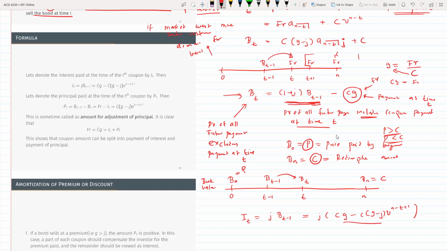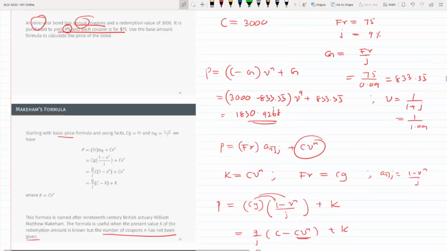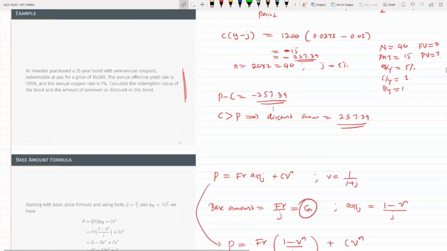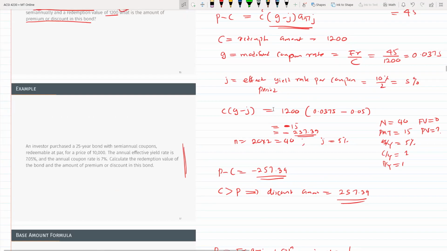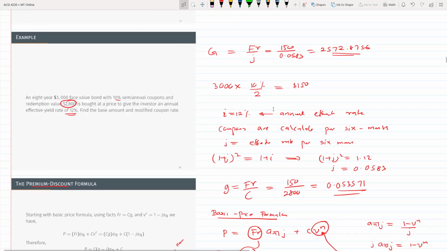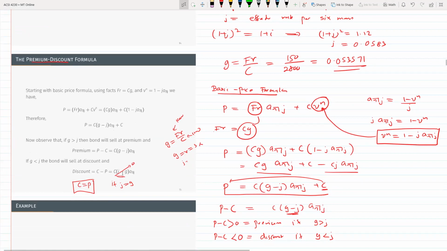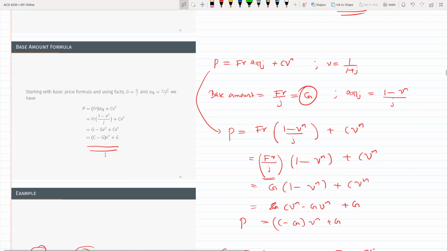This is actually another formula we learned in bond pricing. Let me go and show you. At the very beginning, we learned about this formula. So basically, you can use this or this one.